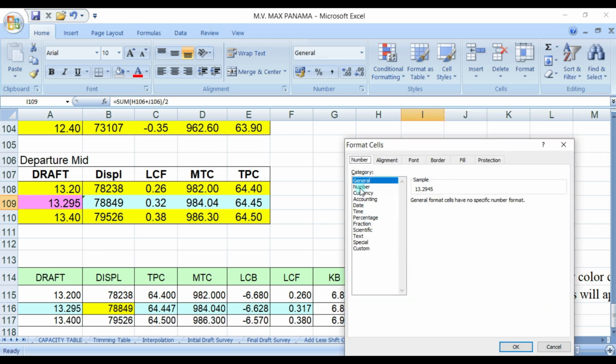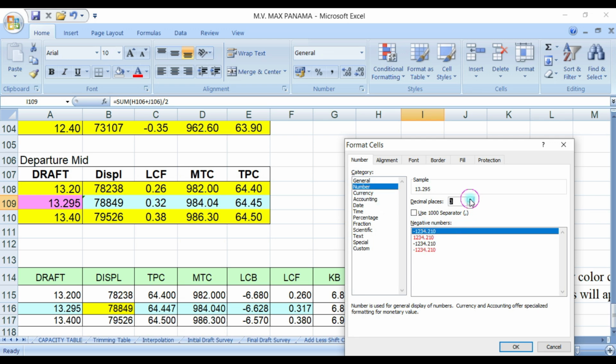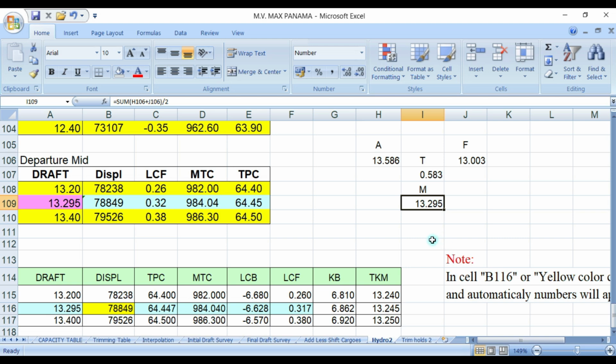Format it, make it 3 decimals, enter. That will be 13.295.